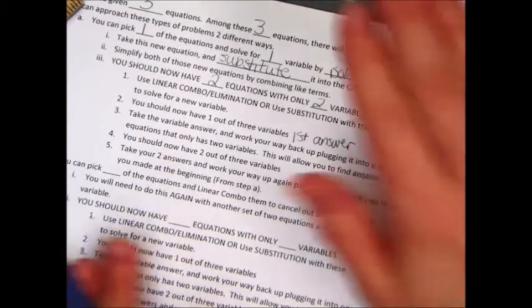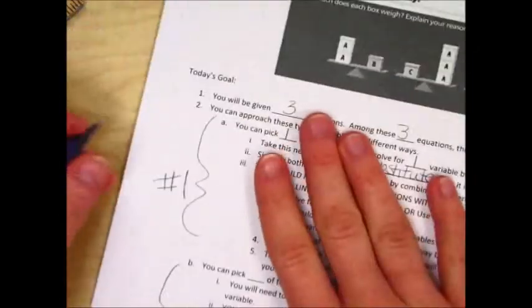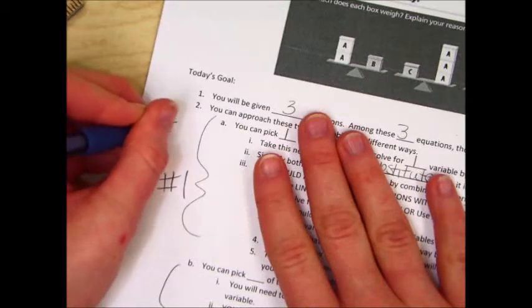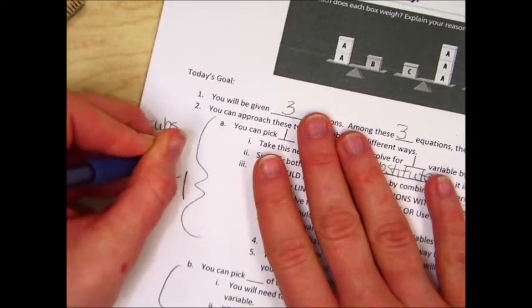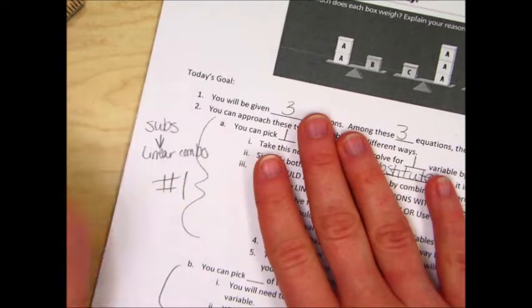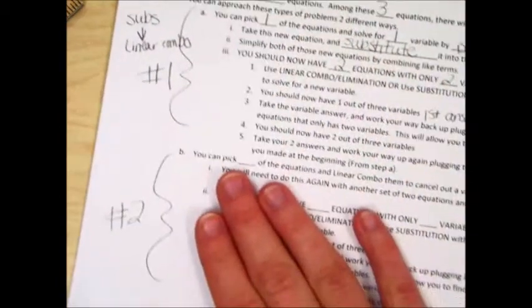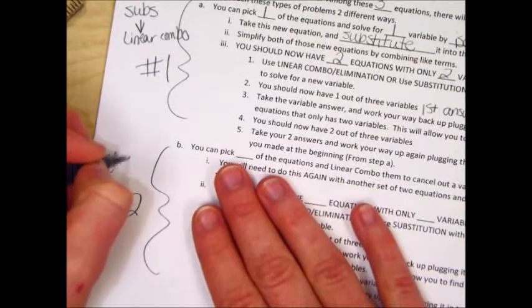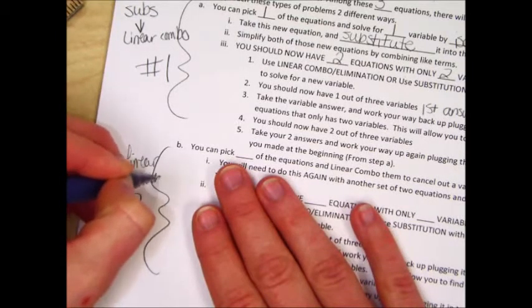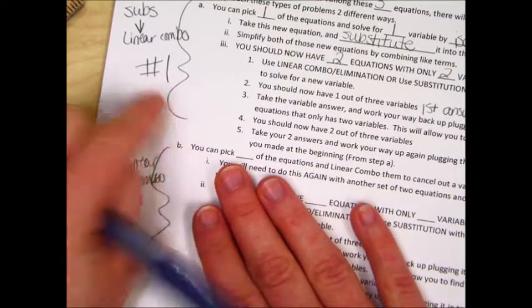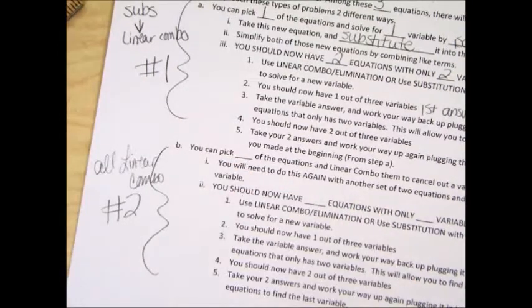So what option 1 really does is start with substitution, and then it moves to linear combo. What option number 2 does is all linear combo. I used to teach only method 2 until somebody said, can we do substitution for the first step?